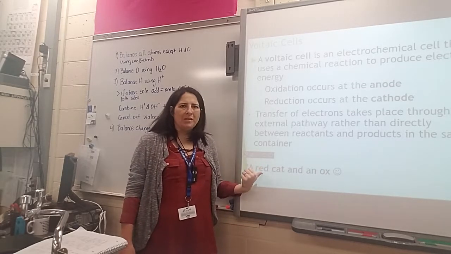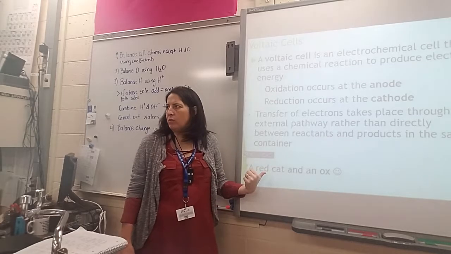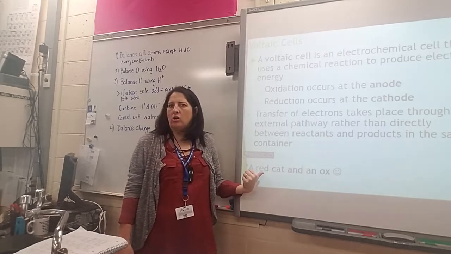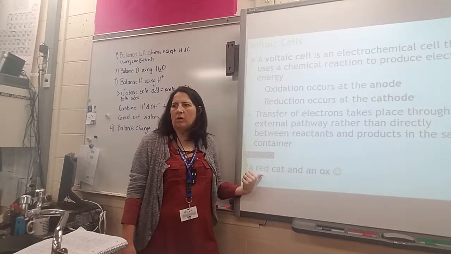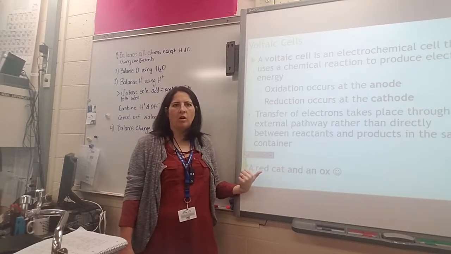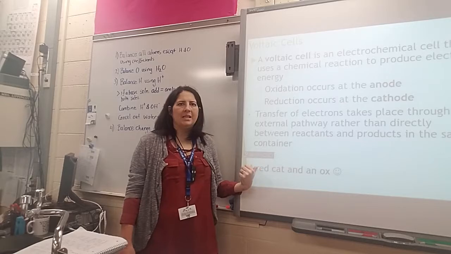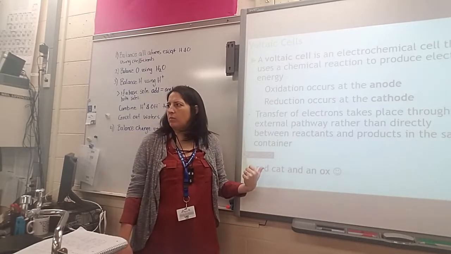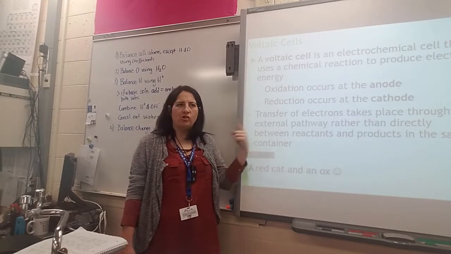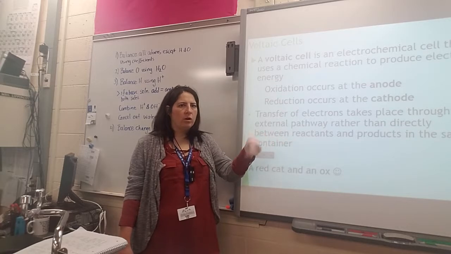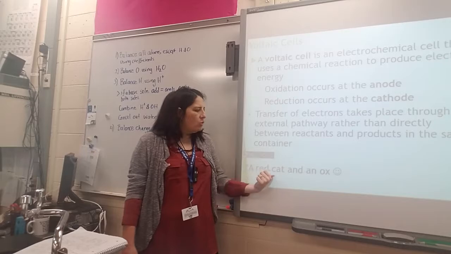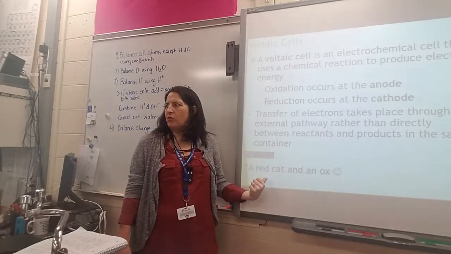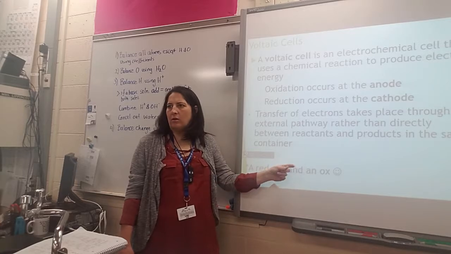So you've probably seen, if you've ever popped the hood of your car, and if you haven't, you need to spend a moment with your car, or your parents' car. Pop the hood. Inside there, you'll see a battery. That battery is used to jump start your car when you get it going. You will notice on there that there is a red terminal on that battery. Have you ever noticed that there's a red and a black?